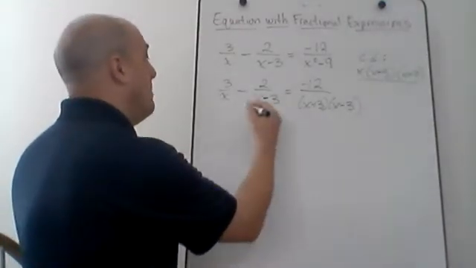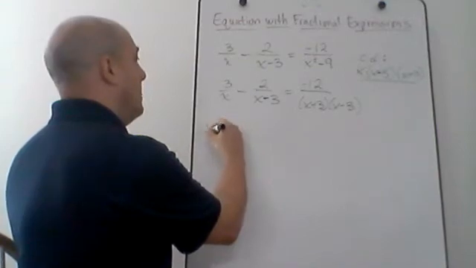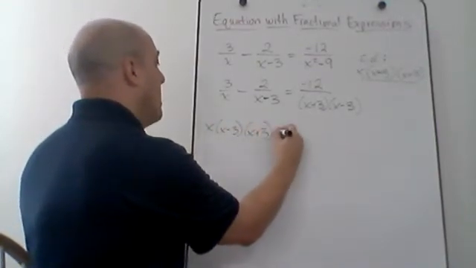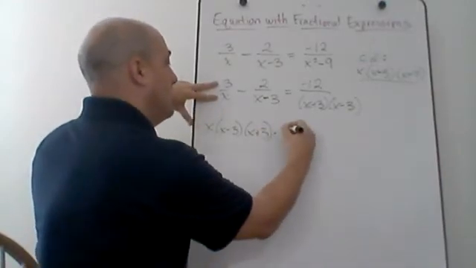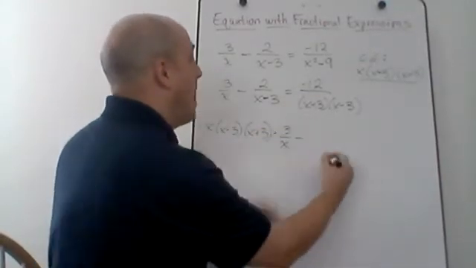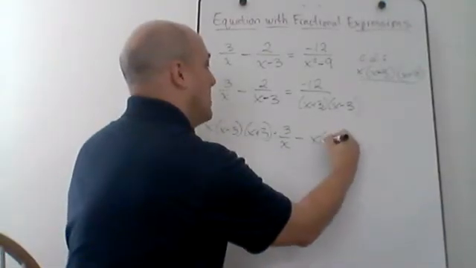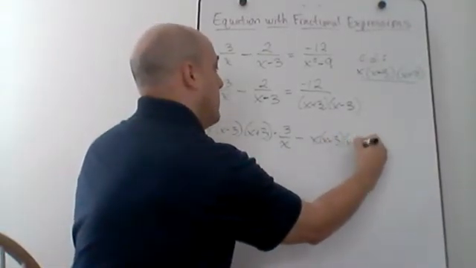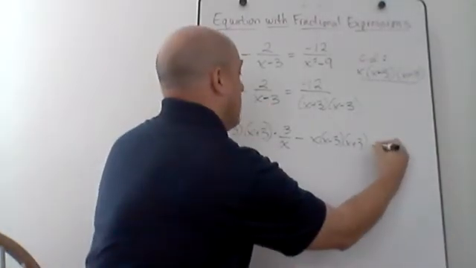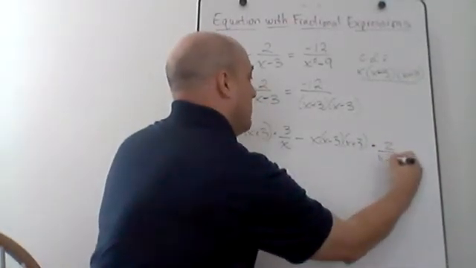So I'm going to take the common denominator of x times x minus 3 times x plus 3 and multiply that times my first term, which is 3 over x, and then minus, my common denominator again, x times x minus 3 times x plus 3, and multiply that by my next fraction, which is 2 over x minus 3.